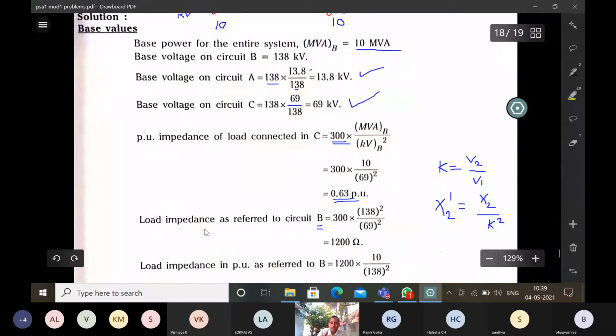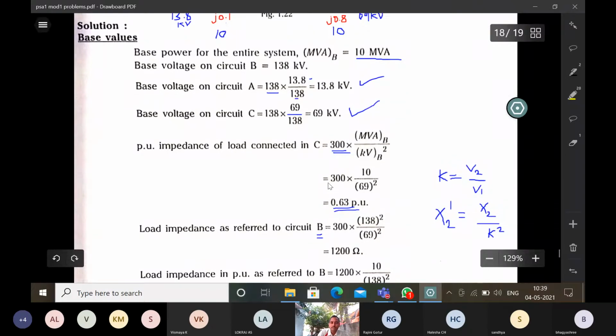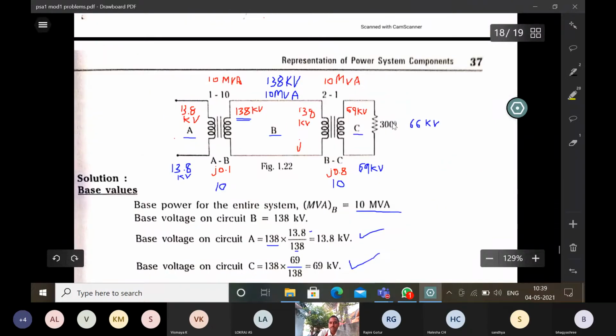In a similar way, the load impedance referred to circuit B. This load impedance of 300 ohm, referred to section C, we have calculated directly. Now we refer the 300 ohm to section B. Consider this as X2 for circuit C, so this is X2 dash for circuit B.